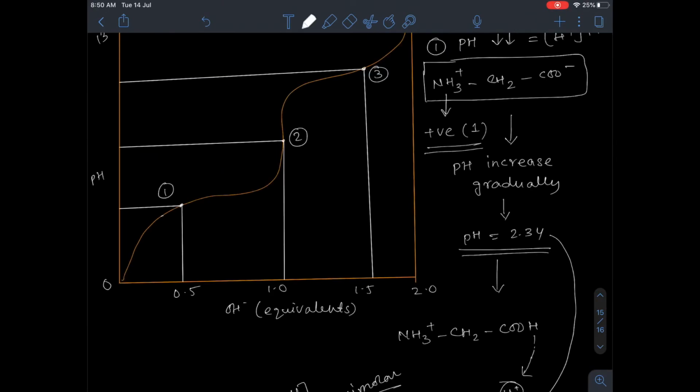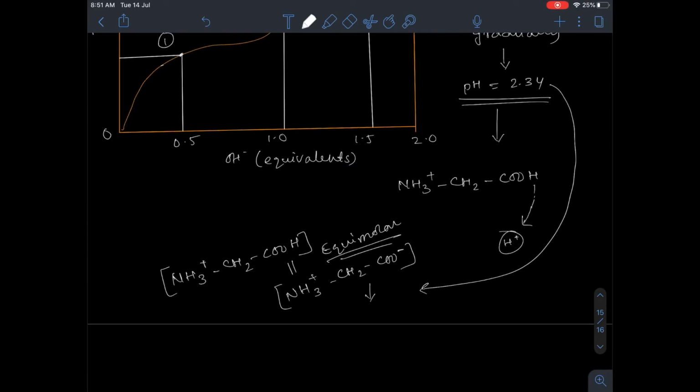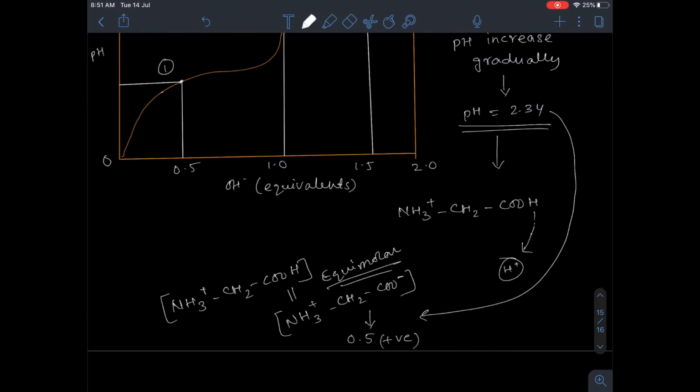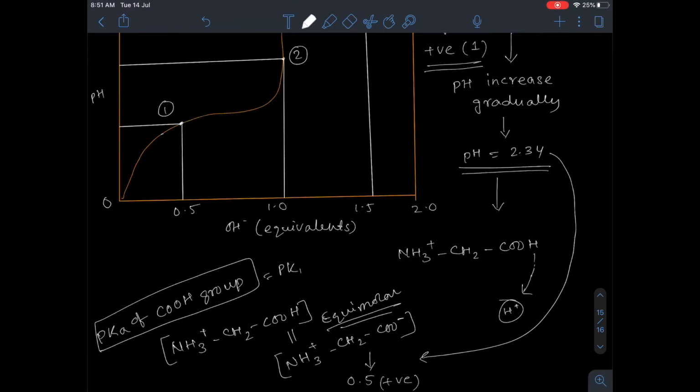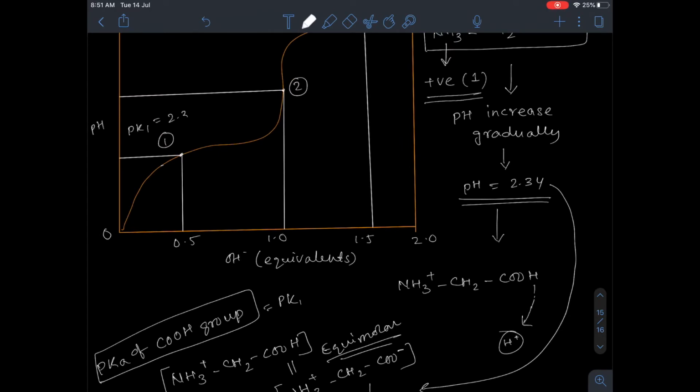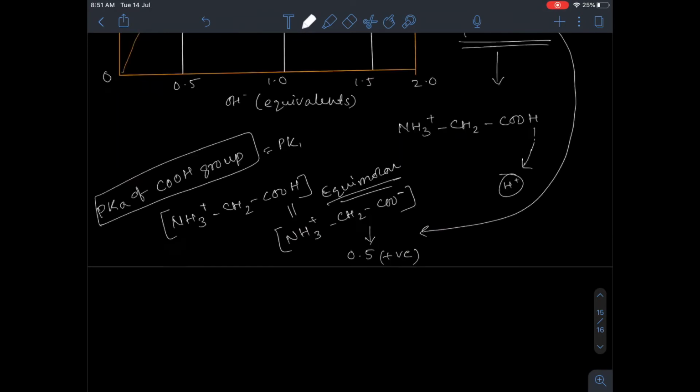Due to this equimolar state, previously there was one positive charge and now there will be 0.5 positive charge, right? This is the pKa of the carboxyl group, that is pK1. This is 2.34 for glycine.